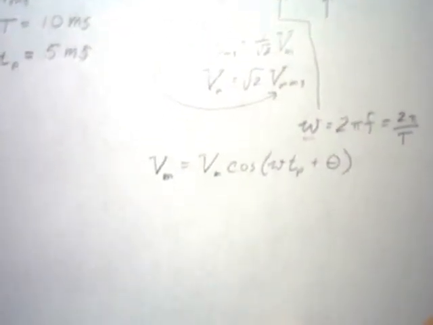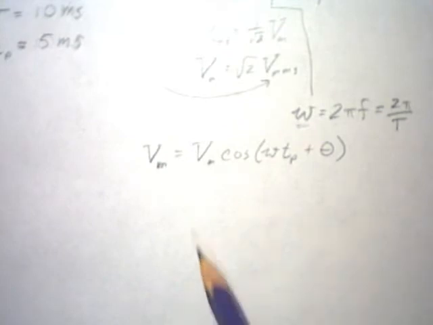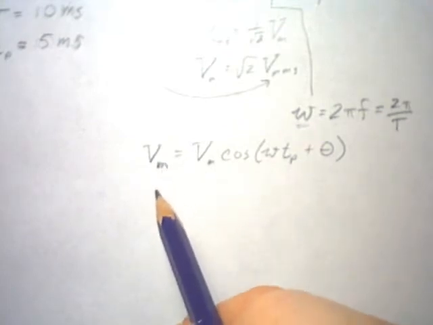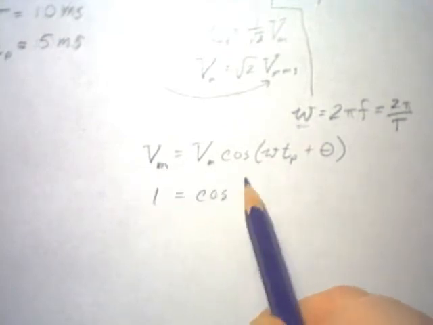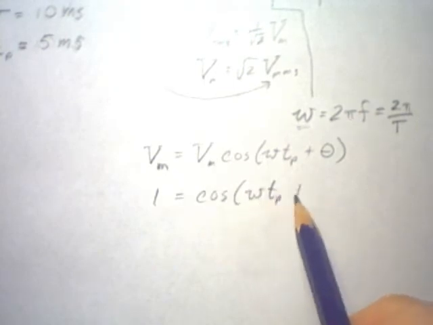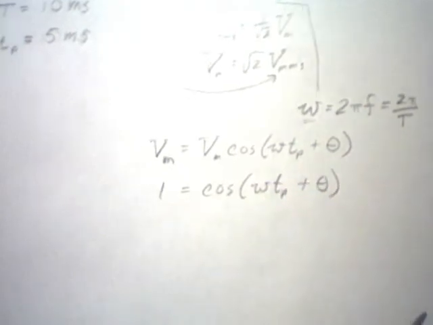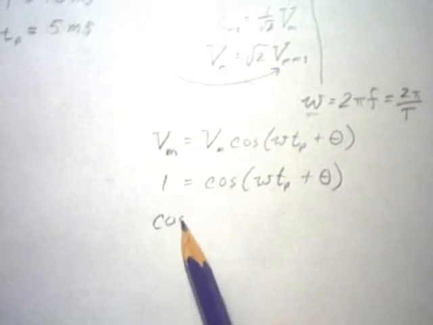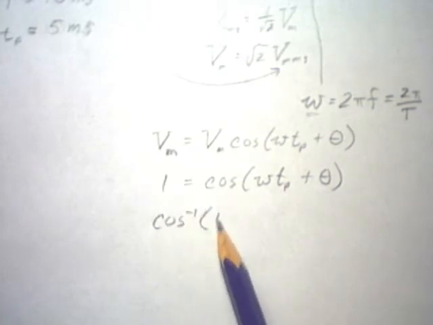And remember that you just divide both sides by Vm, and that you get 1 equals cosine omega Tp plus theta. Inverse cosine of both sides.